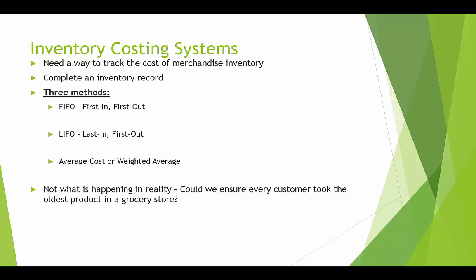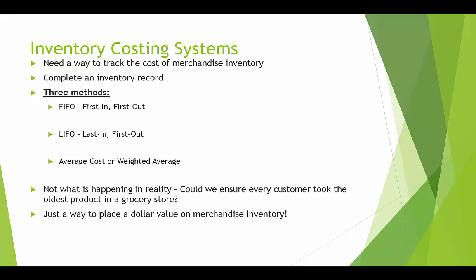But a lot of people, think of milk, for example, take the milk that has the longest expiration date on it so that it stays good for a longer period of time. So there's no possible way that we could ensure that this was occurring. So this is not what is really happening in reality, just a way to keep track and place a dollar value on our merchandise inventory.